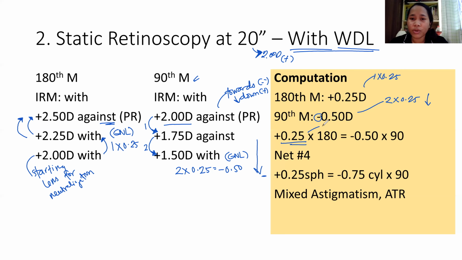And you algebraically add, so SSDA. Same sign subtract, different sign add. Because it has different sign, it will become negative 0.75, axis the unused.